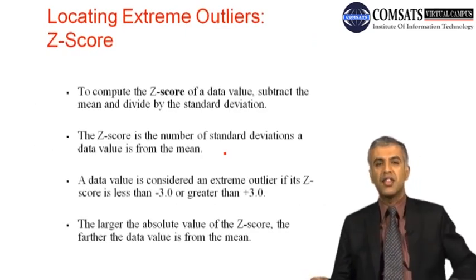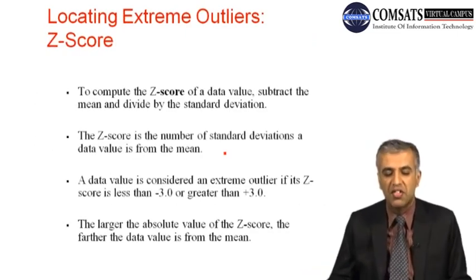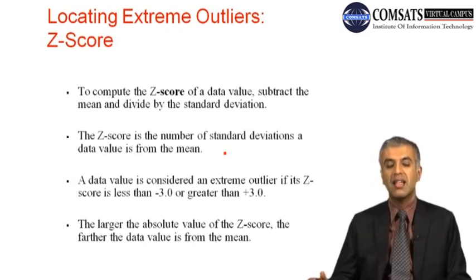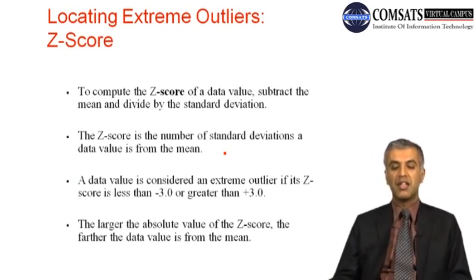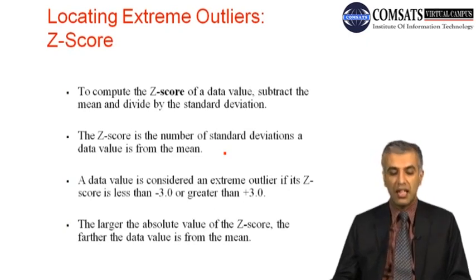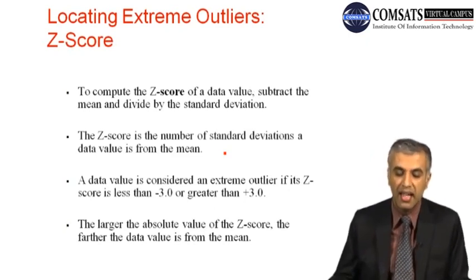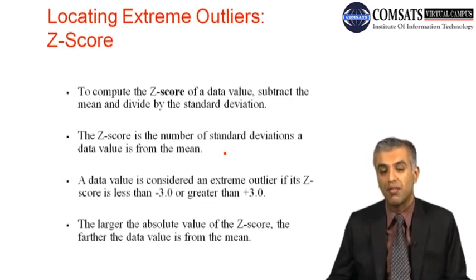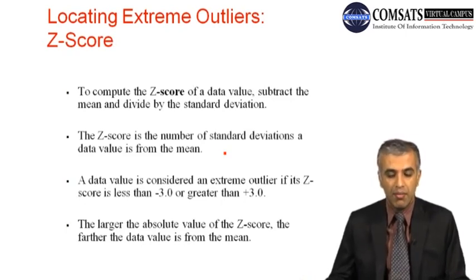Then we had a discussion on z-scores, and we analyzed what a z-score is: it's the number of standard deviations a data value is from the mean. Z-value is a very effective tool which is used constantly in data analysis, and based on these z-scores, we can compare values across the board among different data sets.